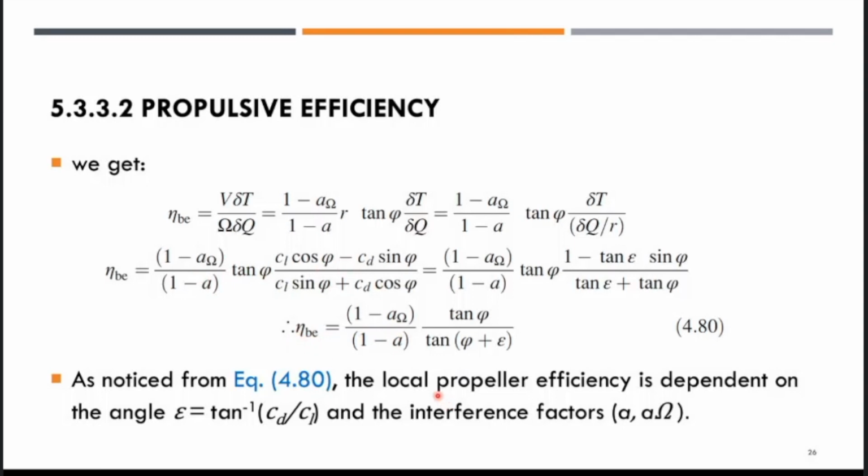Right? So the local propeller efficiency can be seen to be dependent on the angle eta equal to this expression, tangent, CD over CL, and the interference factors, inflow factor a and a prime times the angular velocity omega.